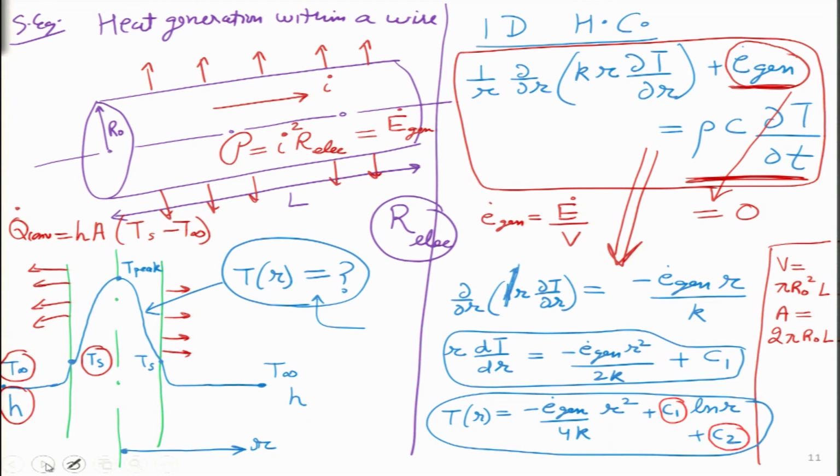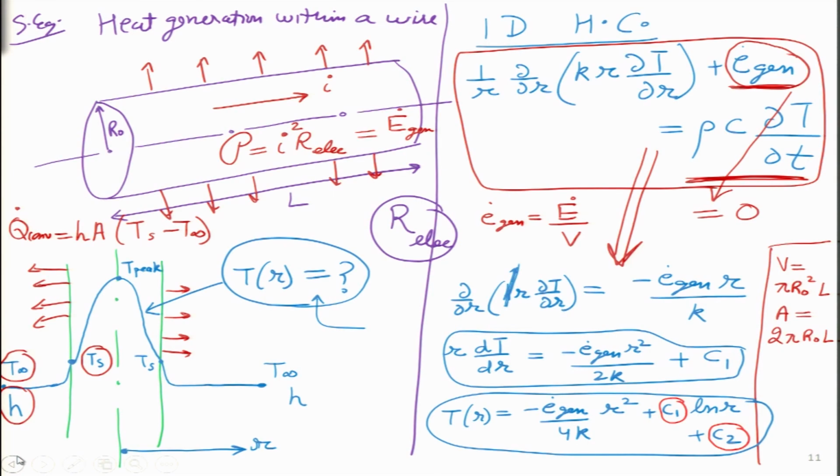I am a little bit short on time, so I will skip one or two steps and just lay out that this C1 has to be equal to 0. The explanation is that otherwise log of r at r equals 0 is not defined. And what is the other boundary condition that we will put over here?